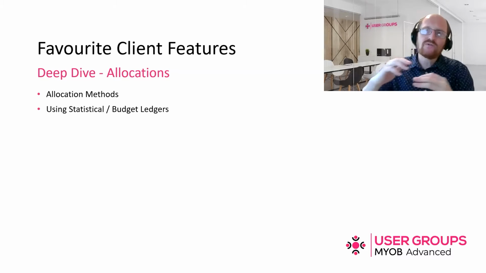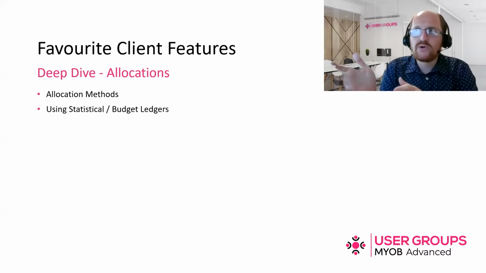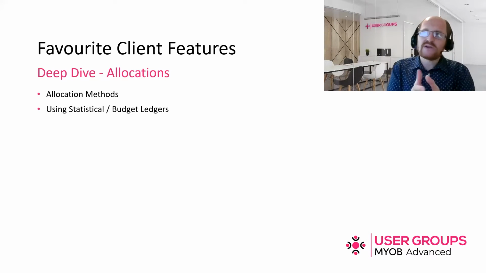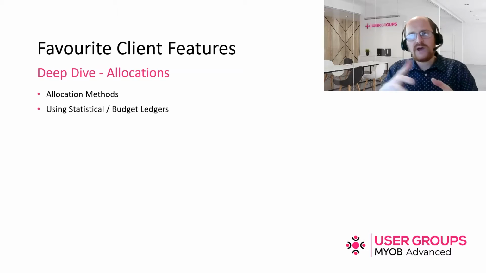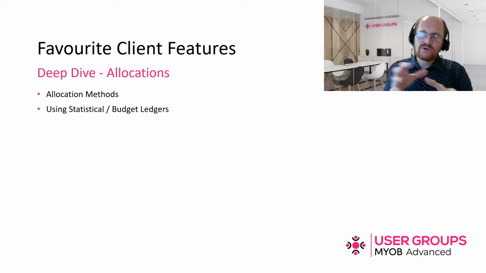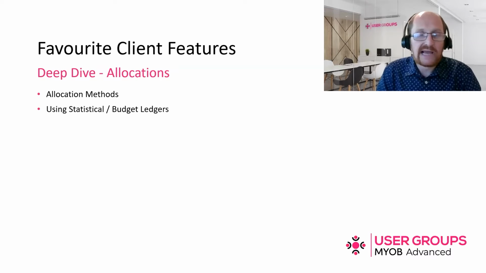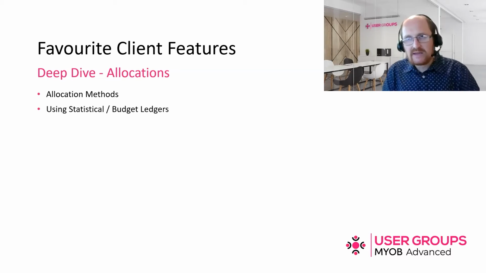I want to go through the methodology of how allocations can be used, but also incorporate things like using statistical ledgers to drive that allocation split. And then also explain how we can use expenses and split those into projects, using something like Velexo to split and extend that out.